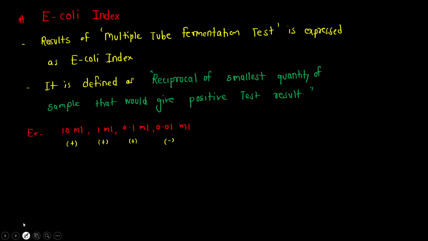What do you mean by positive and negative? For that you have to go to the multiple tube fermentation test concepts. According to this, the E. coli consume the specialized food which is given to them, that is, they ferment the lactose and produce gas.